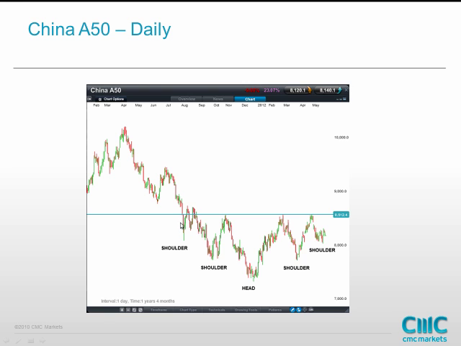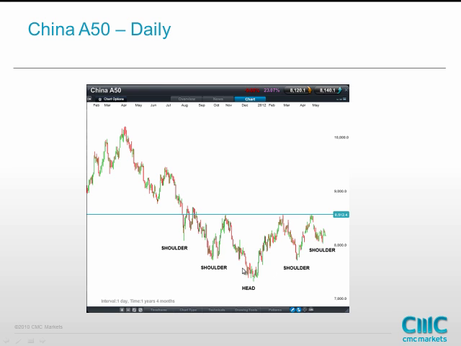So in the multiple shoulder case, like this one, what we might have is two left shoulders, one here, I move down another one here. Then we make the head, and now we've made this shoulder at about the same level as the one out to the left, and it may be that if we were to rally up from here, we would make this second shoulder at the same level as the first one over here.